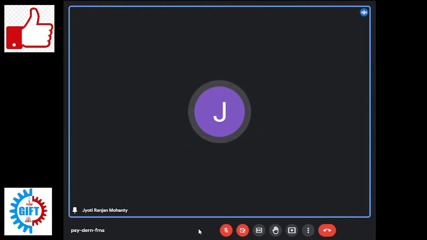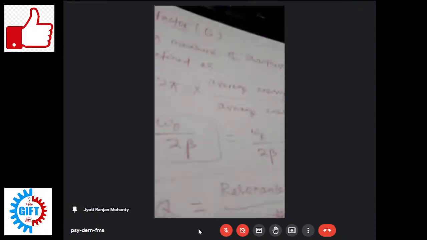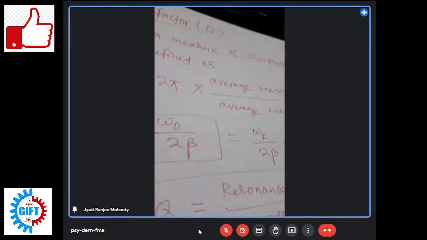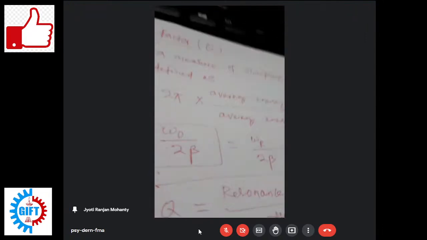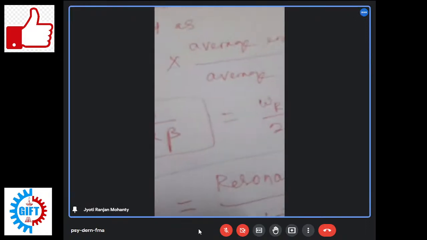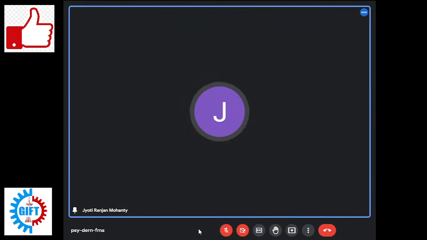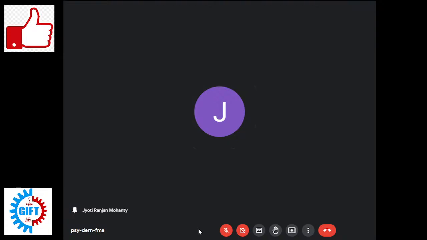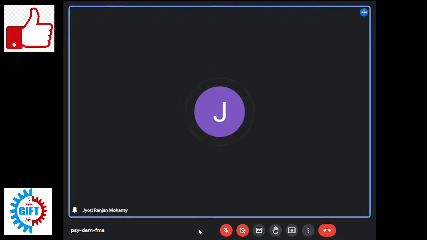Good, Aditya. But your answer is wrong, but you tried. Sir, 250. Who told? Kumar Chidambaram. Chidambaram, please read the question again. In a forced oscillator, resonance frequency is 500 hertz.